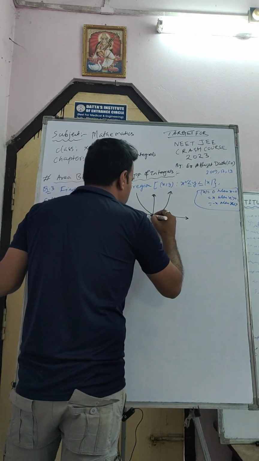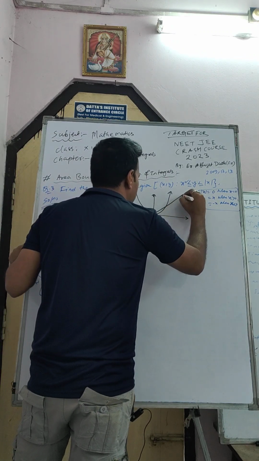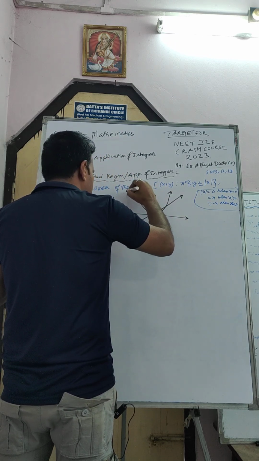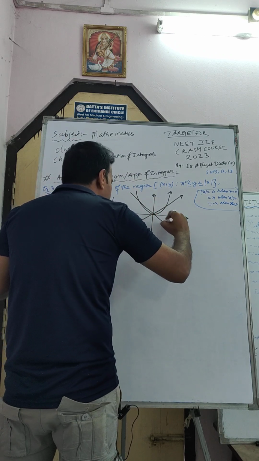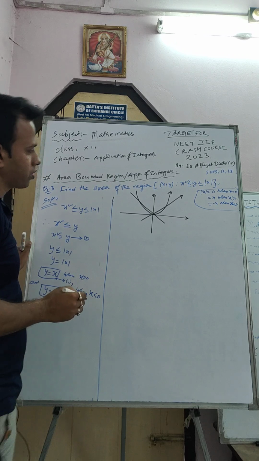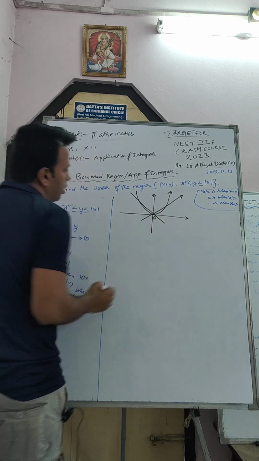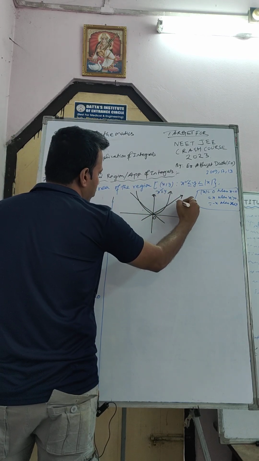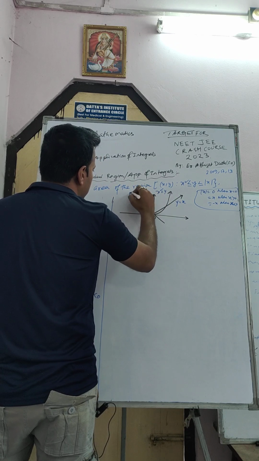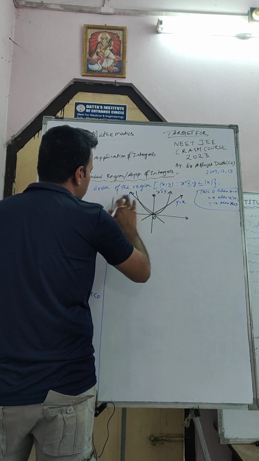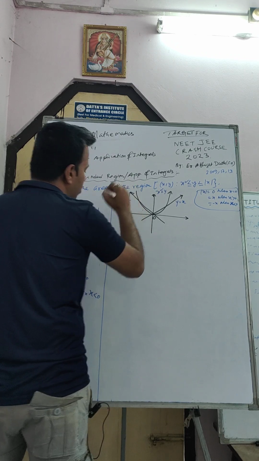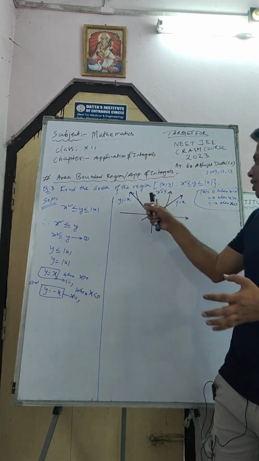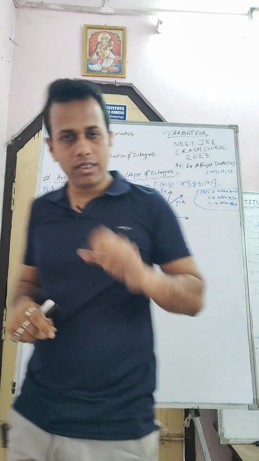So the graph will be like that, this one is the origin. The curve will be x² = y, and this will be y = x, and this will be y = -x. Both straight lines pass through the origin. Fine.